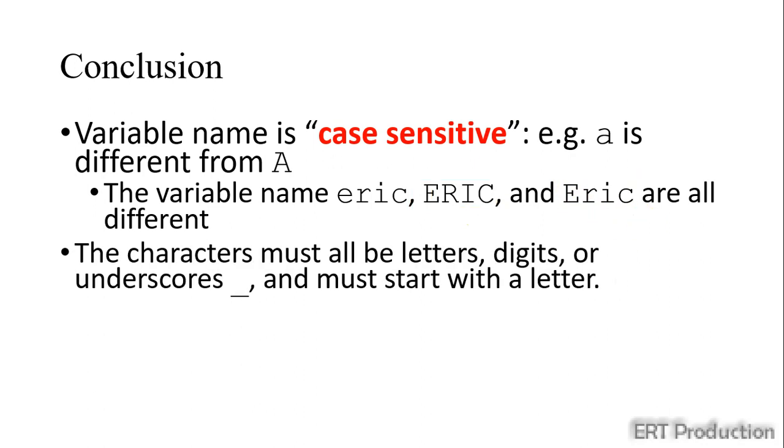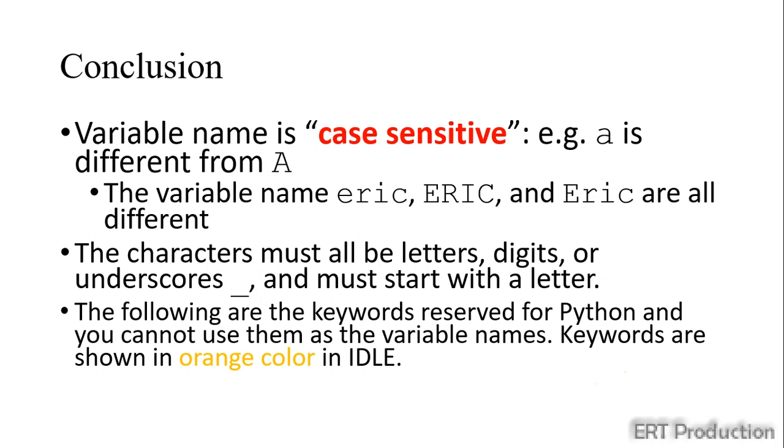Second, the characters must all be letters, digits, or underscores, and must start with a letter. One more rule is that you cannot use the following keywords which are reserved for Python as the variable names. Keywords are shown in orange color in IDLE.